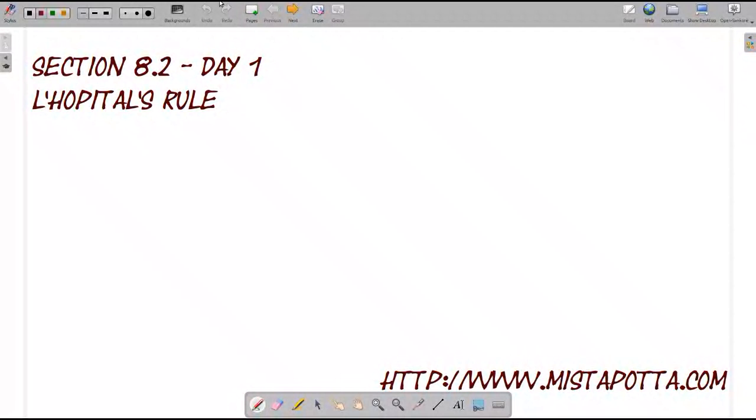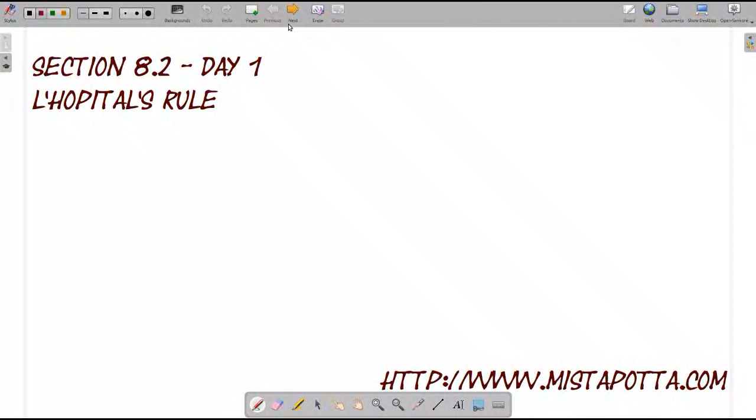We're going to be dealing with a lot of situations where functions don't exist or limits appear not to exist, and we need some stronger tools than we had back in chapter 2 to evaluate these limits. So we're starting over here with section 8.2, and we're going to be talking about a rule called L'Hopital's rule.